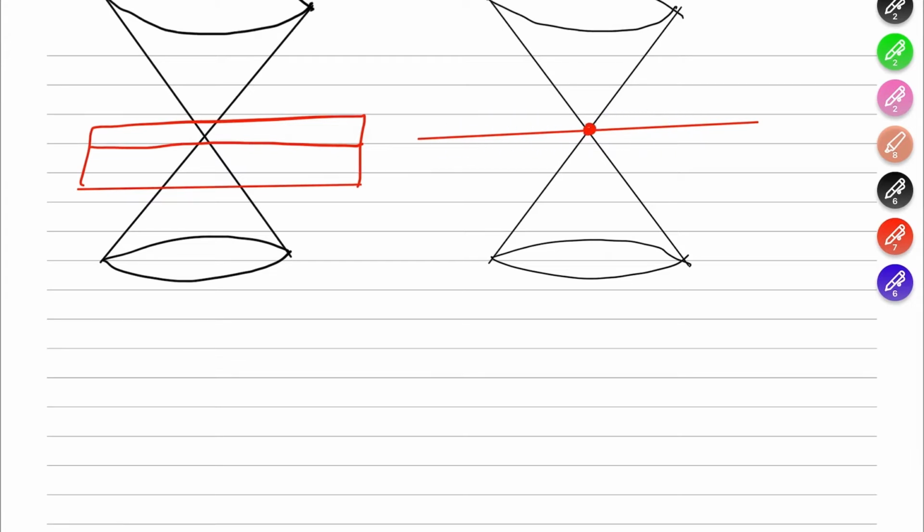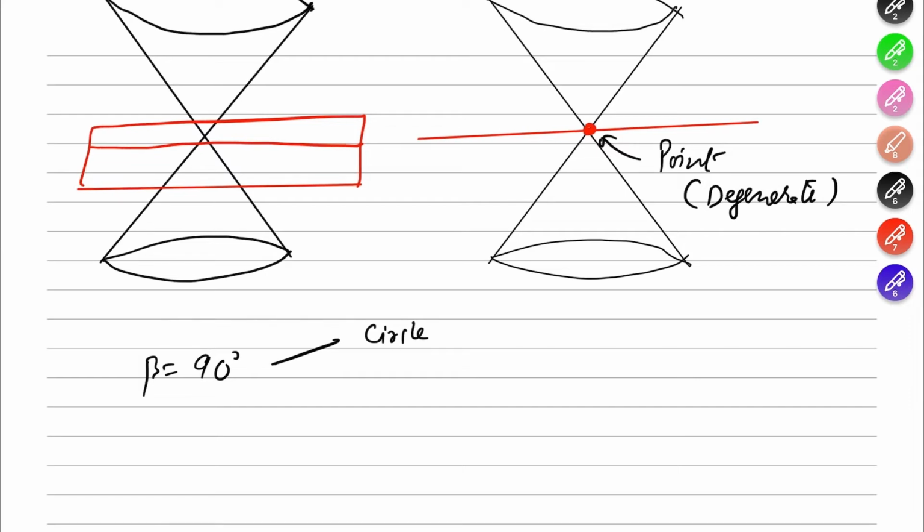So this is the cutting plane, and it passes through the vertex of the cone. In this case the conic section is a point, and this is a degenerate conic section. So obviously beta equal to 90 degrees has two cases, one is the circle, the other is the point.